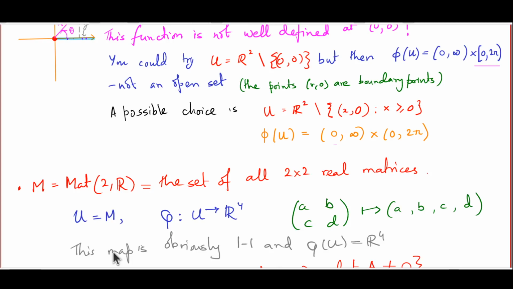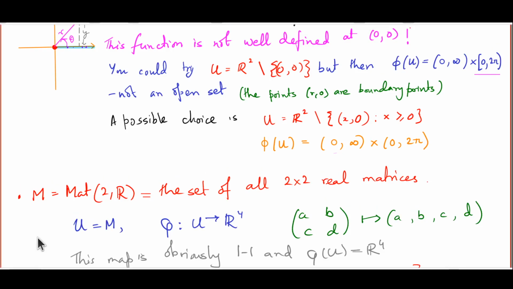Any real number that you can think about can be one of the elements, and if you take a look at all the matrices together, you would be able to cover all points in R4. And that obviously is an open set in R4. So our M here is a manifold which is globally, in its entirety, mappable to R4. So there's very little difference really between the set of all 2 by 2 real matrices and the set of all tuples with 4 real number entries.